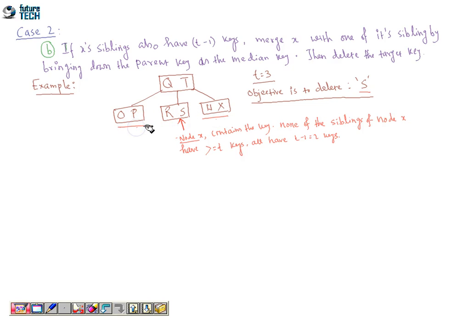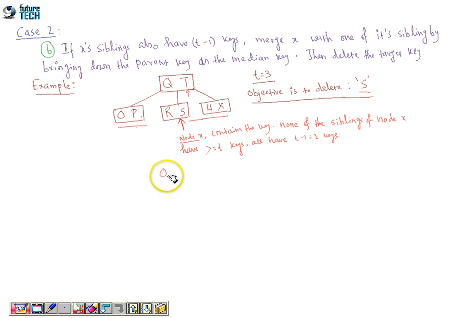The idea in this case is to merge the target node X with either of its siblings, either this one or this one, by considering the parent key as the median. After merging it should be something like this.